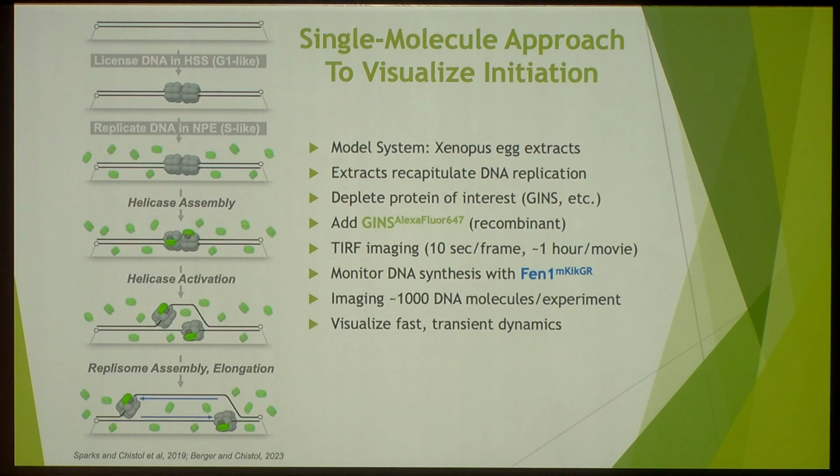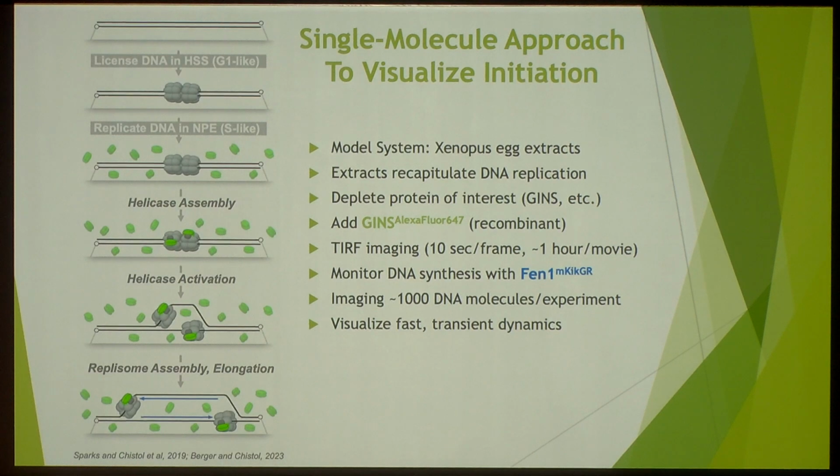To do this, our lab has been optimizing and adapting a single molecule approach that I developed when I was a postdoc with Johannes Walter. The idea is we use Xenopus egg extracts, which are really good at replicating DNA. We take DNA molecules, stretch them, and tether them onto a flow cell. We license the DNA in an extract that mimics G1, and then we replicate the DNA in another extract which recapitulates S phase.